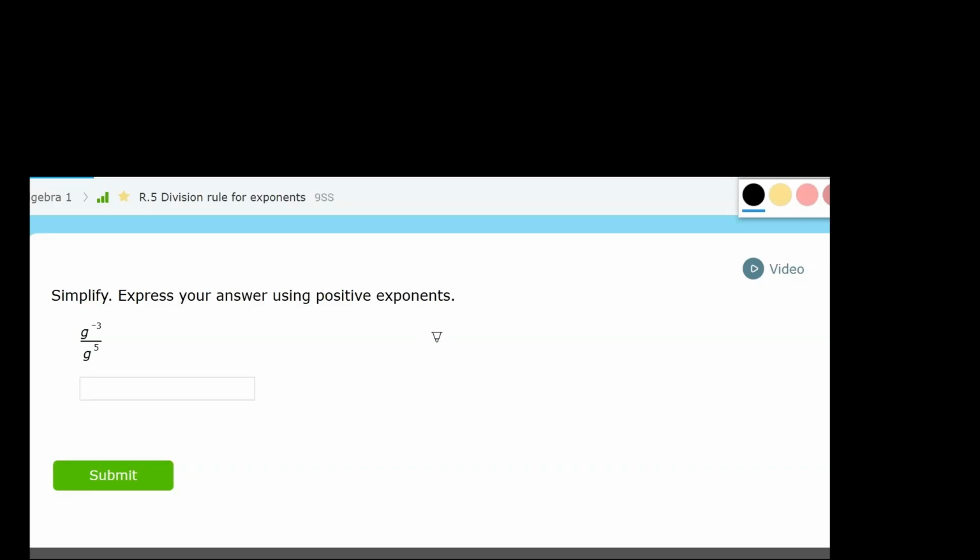Here's another problem. This time we have g to the negative 3 divided by g to the fifth power. Now if you think back to our shortcut from our first problem, our common base here is g, and our exponents are negative 3 and 5.